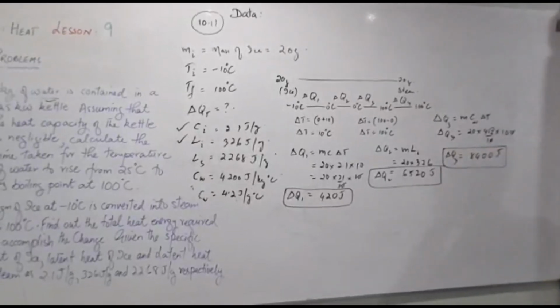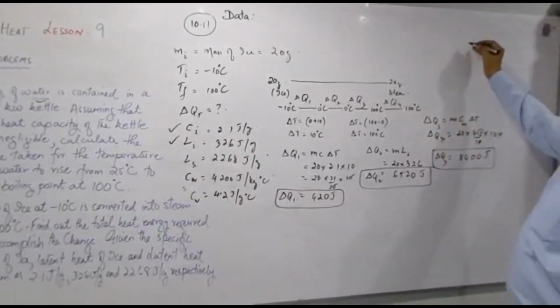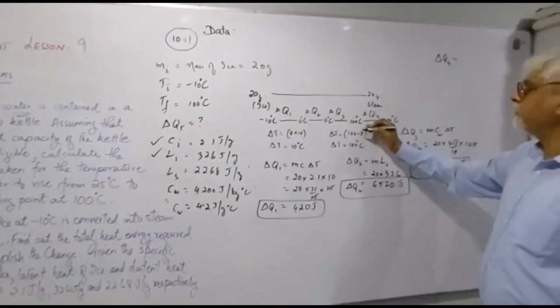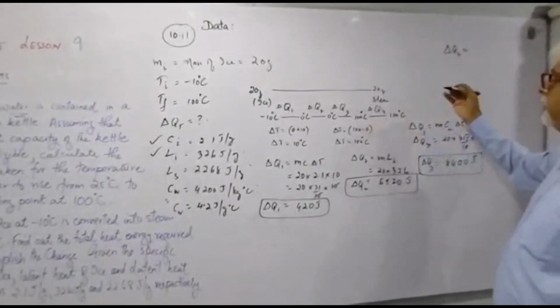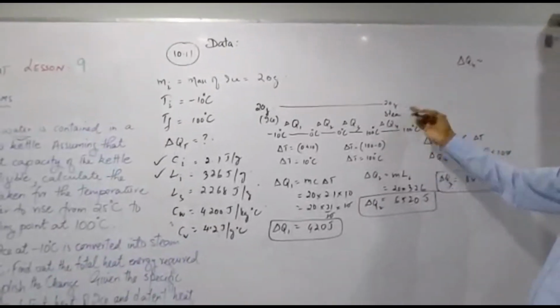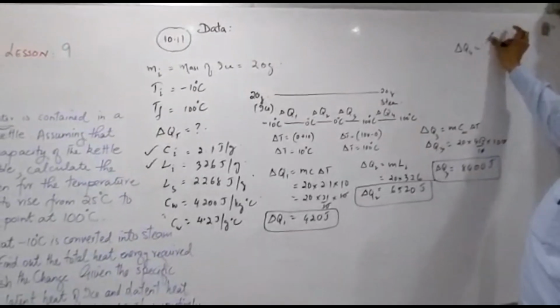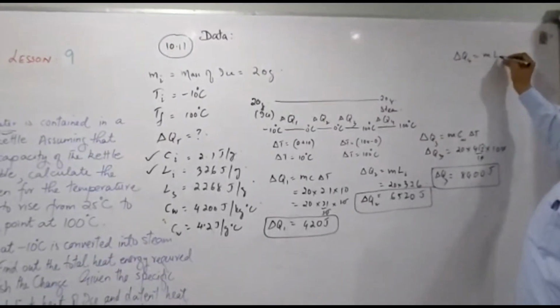Finally, the fourth step, delta Q4, is equal to, here you can see there is no change in temperature, it is latent heat of vaporization. Steam is forming, so it is mass into latent heat of steam.